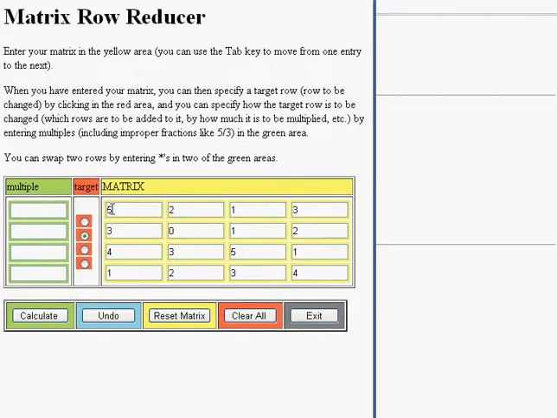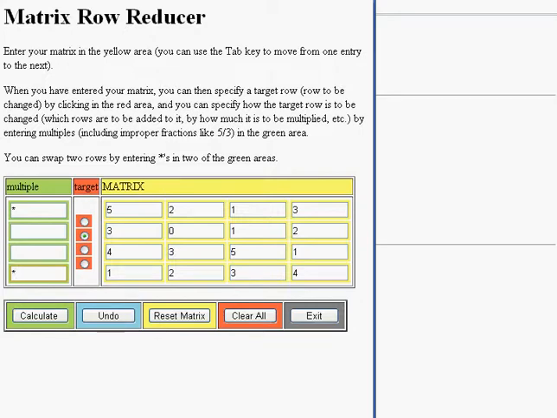And I don't like the fact that the first row begins with 5, because that means I would have to use fractional multiples in order to do that, and I don't like to work with fractions unless I absolutely have to. So at the beginning, what I'm going to do is swap the first and fourth rows, put asterisks in the positions of the first and fourth rows.